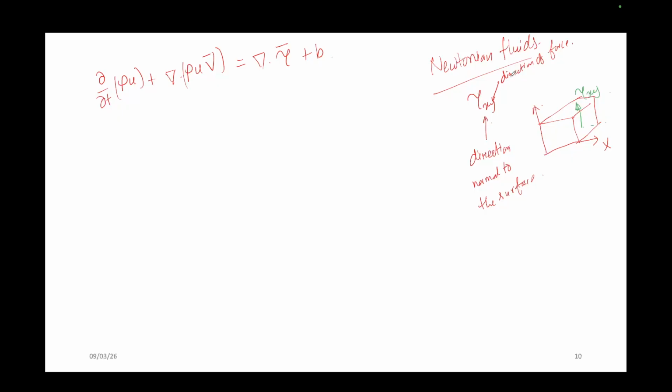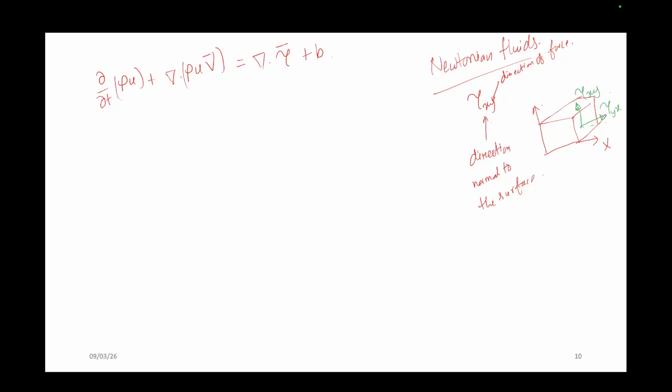Then what is tau yx? Tau yx means the direction normal to the surface is the y direction, and the direction of the force is in the x direction, right?